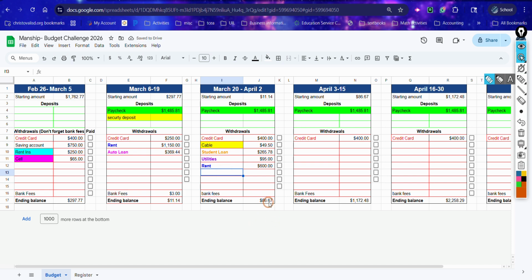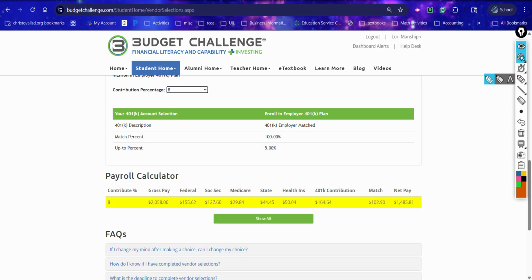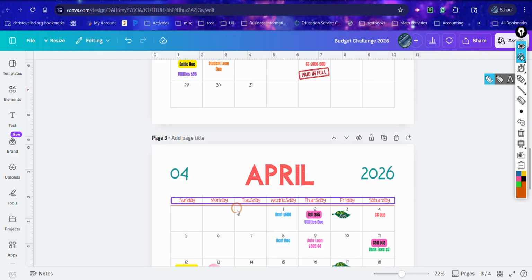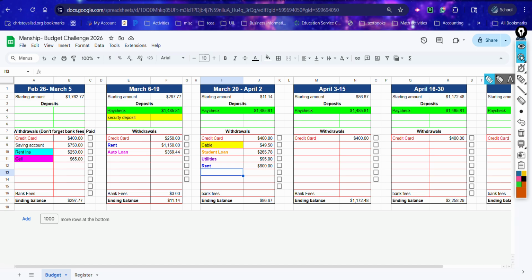And now at $86.67, I go up to my vendors, or go over to my chart. Is there anything else that comes out before my next payday? And my cell phone does. So I'm going to go ahead and plan to pay my cell phone.